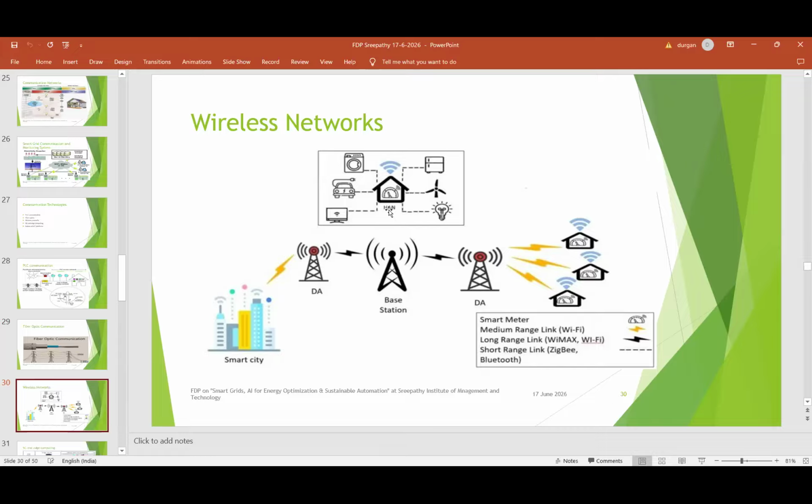Smart appliances means many electric devices. So this totally makes up the home area network. This smart grid communication network is operated for these home area communication networks.